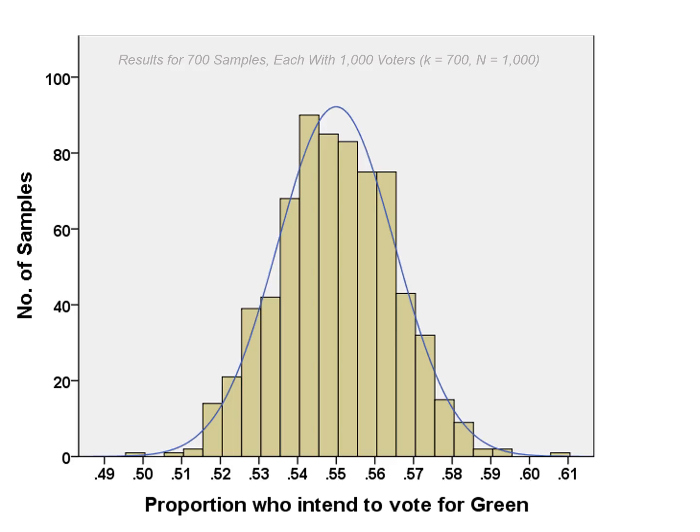So here we have the sampling distribution for the 700 samples, each with 1,000 voters. On the x-axis, we have the proportion who intend to vote for green, or the p-values, in other words. And on the y-axis is the number of samples that have a certain p-value.